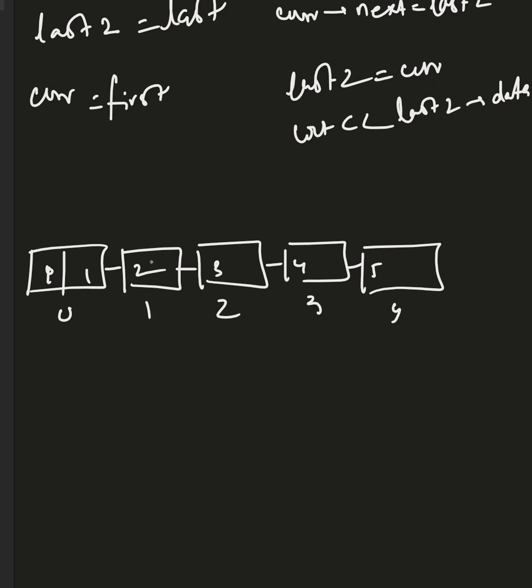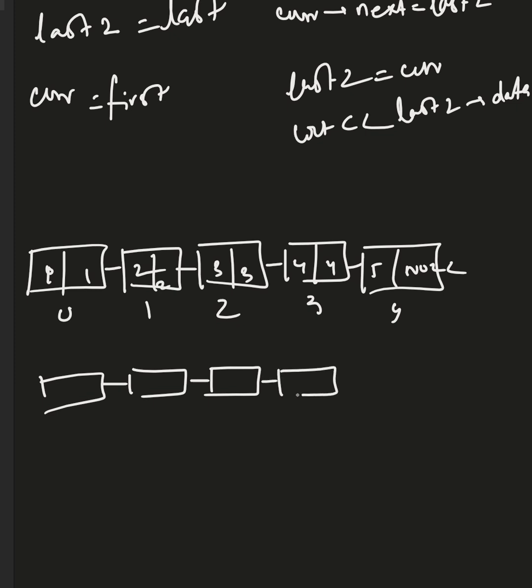This is pointing at 1, this is pointing at 2, this is pointing at 3, 4, and null. But what I want now is that I want 5, 4, 3, 2, 1. The address of 5 is 4, the address of 4 is 3, 2, 1, 0.